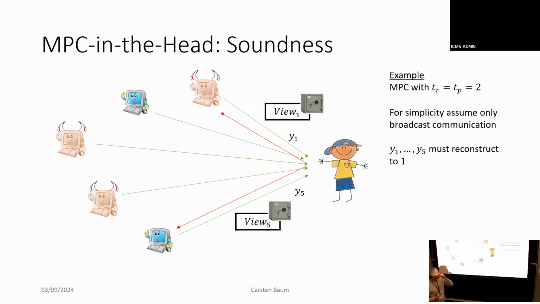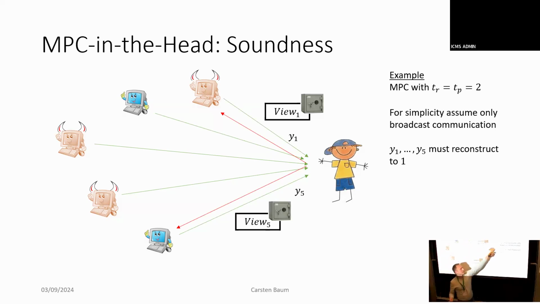But if I have an honest and a dishonest party, then the prover is out of luck. Why is that? Well, what is cheating? Cheating either means this guy sent the wrong share here, I see that. Or this party has sent the wrong message to everybody else.